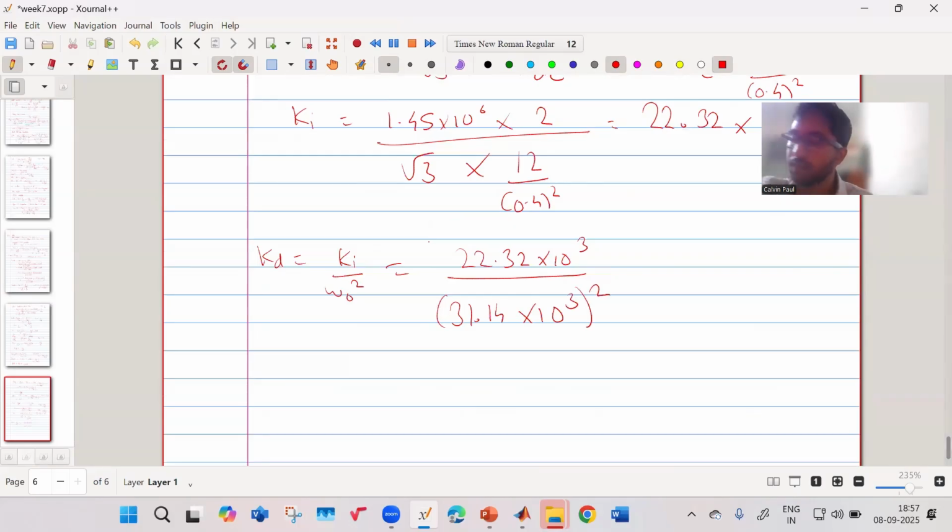So what is this value? That becomes equal to 23.02 into 10 to the power minus 6.